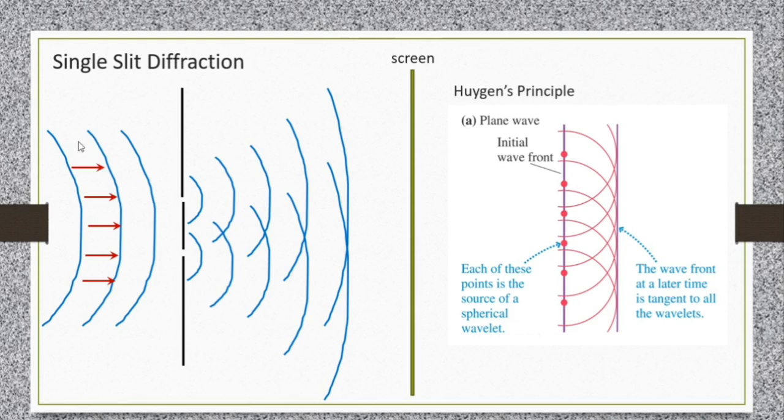So if you have a wavefront coming in here, you can treat every point on this wave as a source of another wave that spreads out spherically.